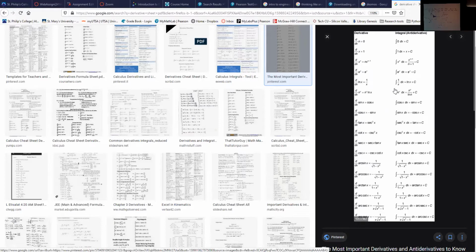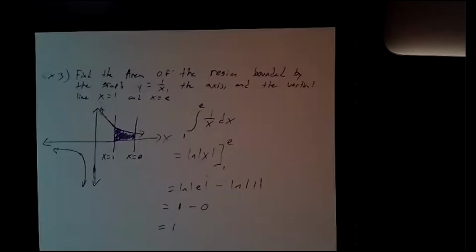Also, a quick note, there is no c, did you notice that? We're not adding plus c. Why is that? I thought we were always supposed to have a plus c. So the plus c is for indefinite integrals, meaning there are no bounds. If I don't give you bounds, then you have to put c.